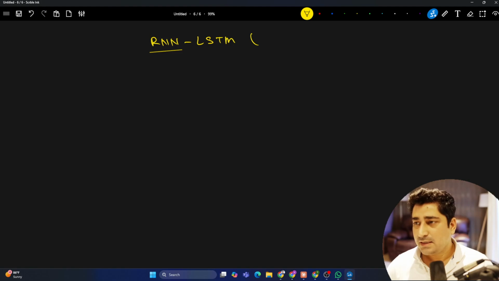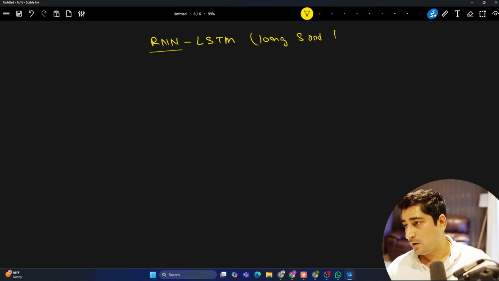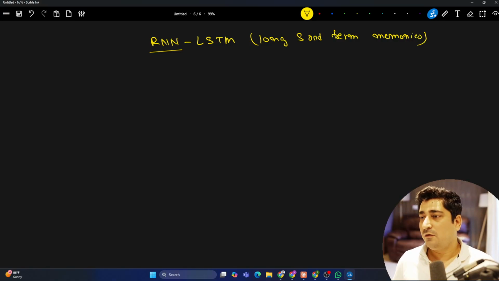The full form of LSTM is long short term memory. So this is the full form of the LSTM that you will be able to find.